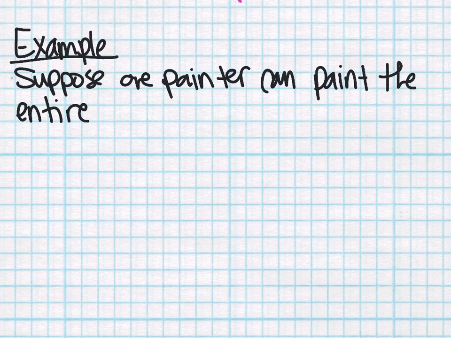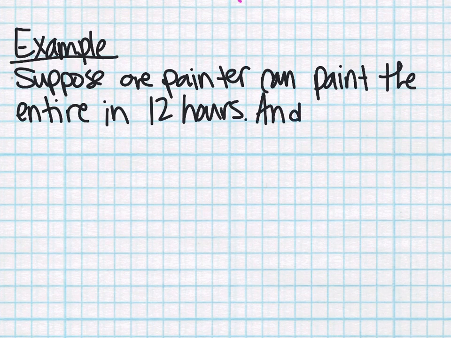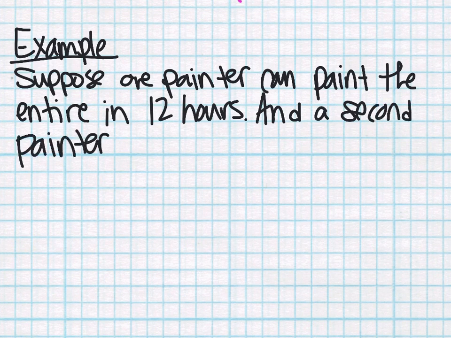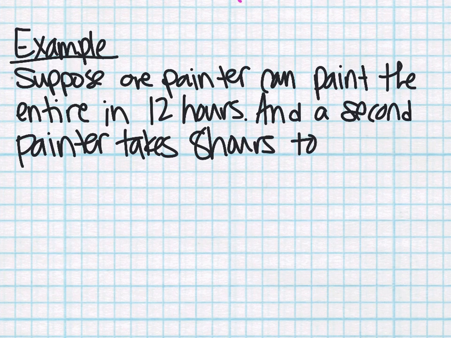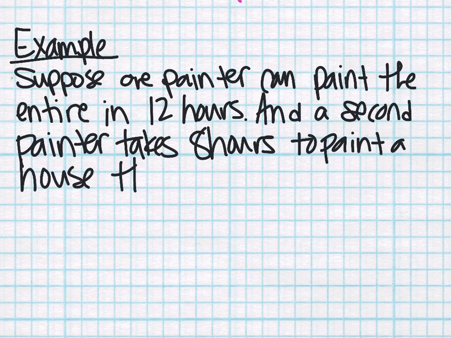So suppose one painter can paint the entire house in 12 hours, and a second painter takes 8 hours to paint a house the same size.